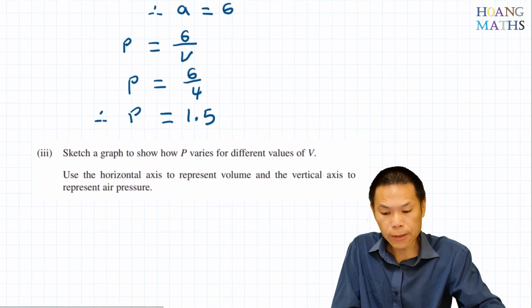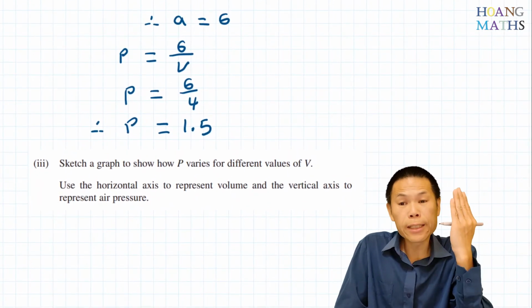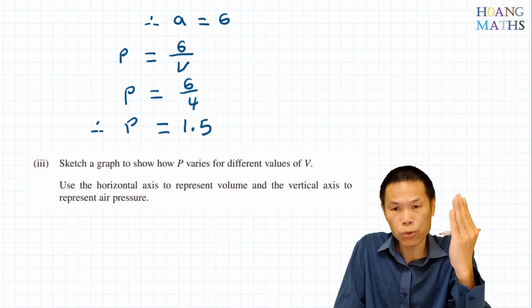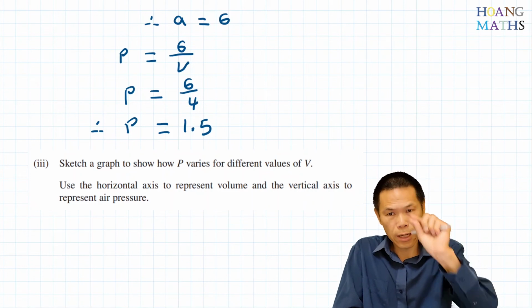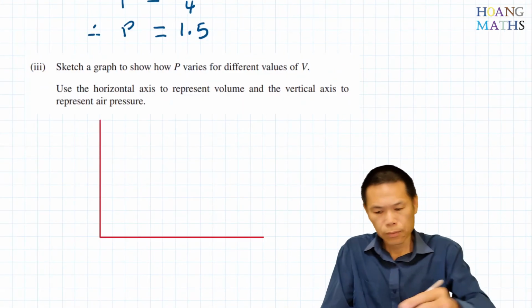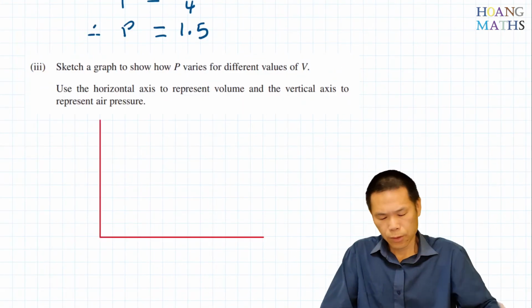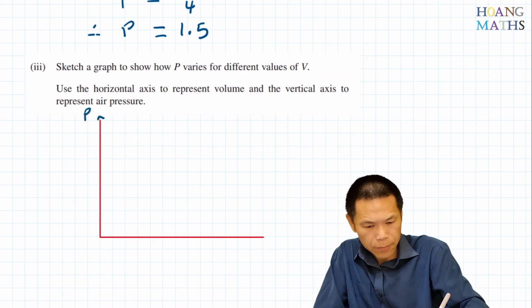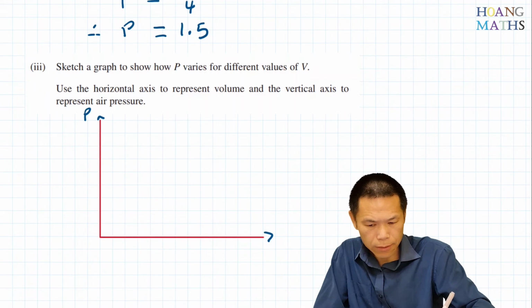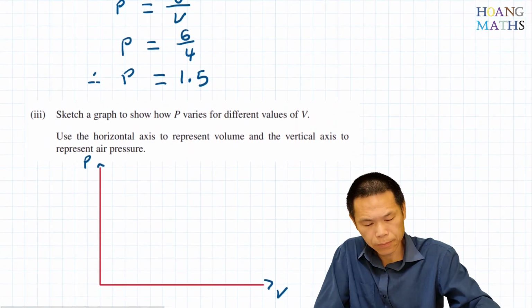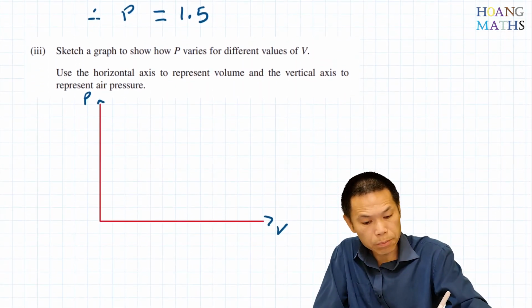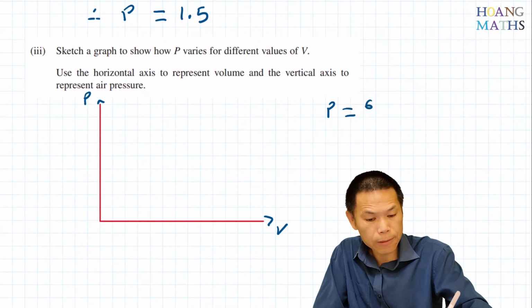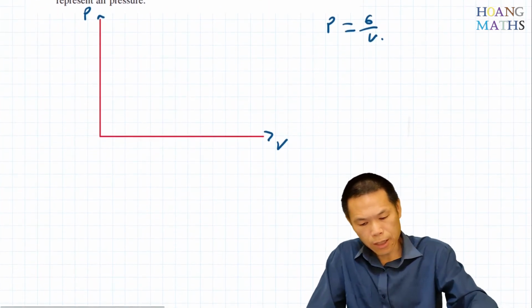So to get this, we know that it is inversely proportional. So the graph is like this, okay? Hyperbola. So let me label this. This is P and this is V. So we know that P equals 6 over V. So let me just write this.